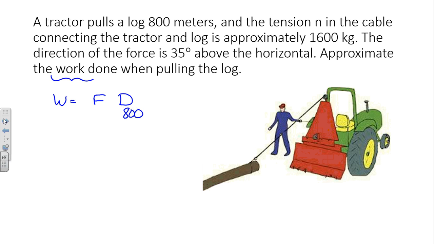So we've dragged this thing along 800 meters. And we know that we have an angle of incline that is 35 degrees. And the tension on this guy is 1,600.